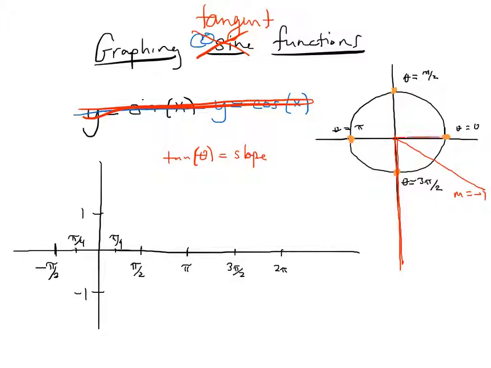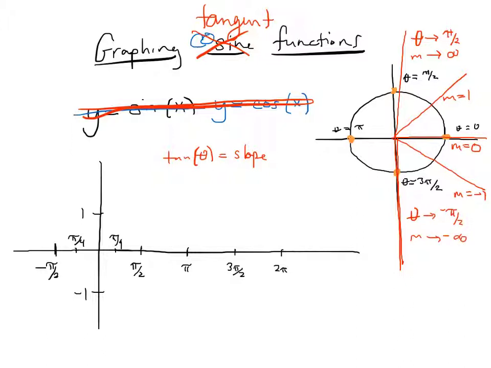When theta is 0, we can call that a slope of 0. When theta is pi over 4, we'll call that a slope of 1. And then as theta goes to pi over 2, the slope becomes infinite. So it's better to say that as theta approaches negative pi over 2, the slope approaches negative infinity.